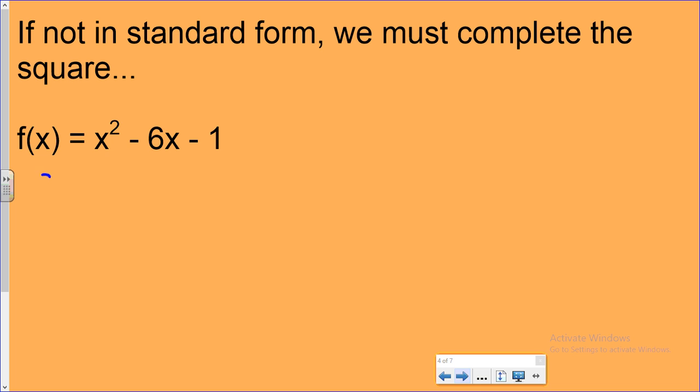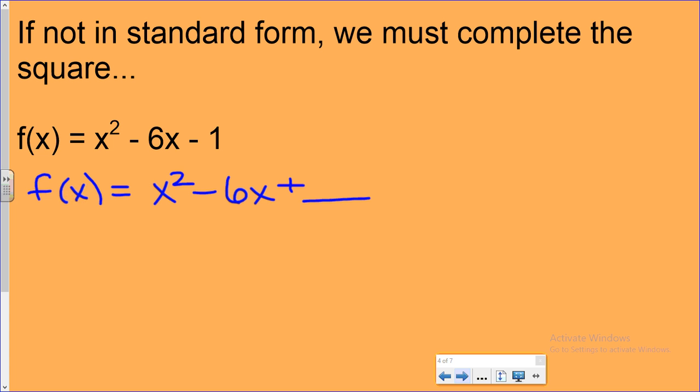What we are going to do is we are going to add a mystery number to form a perfect square trinomial. Okay? I'm going to come off to the side here just to give you a little bit of an example.